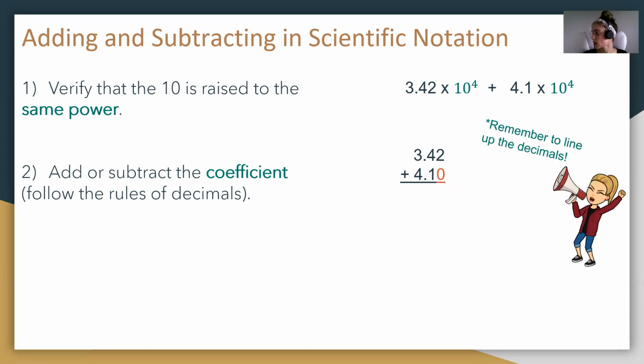When they're lined up, we may need to add some 0 placeholders so that we can actually do that addition. So go ahead and add. When we do so, our sum is 7 and 52/100ths.